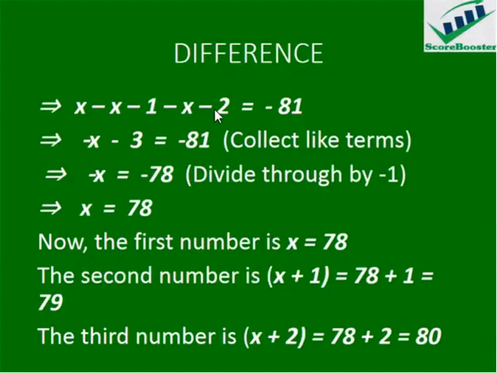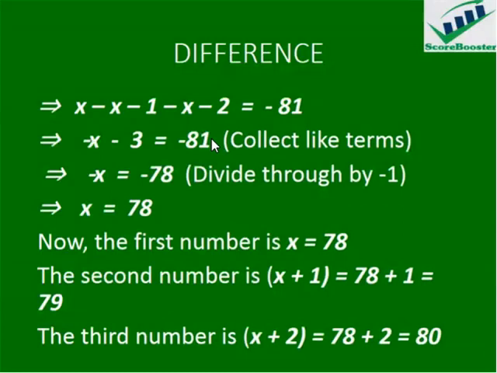So these are the numbers, minus 1, minus 2. You owe somebody 1 naira. You also owe 2 naira. It means you are owing. Negative means debt. You are owing 3 naira. So you have minus x minus 3 equals minus 81.